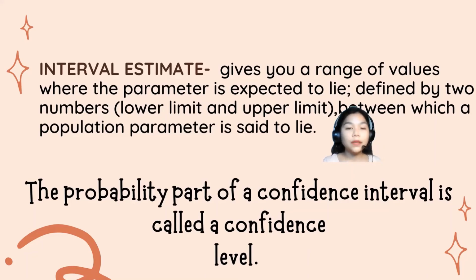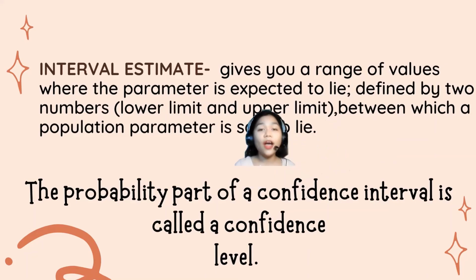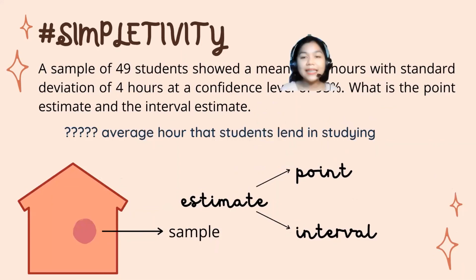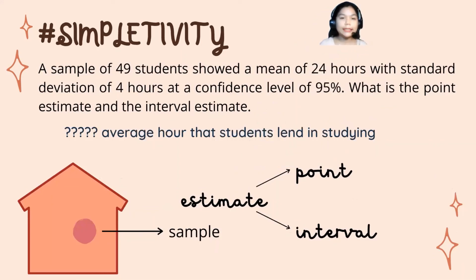So now, the probability part of a confidence interval is called a confidence level. Later po, atin din pong tutukuyin kung ano nga ba yung kaibahan or difference ng confidence interval at confidence level. Okay? So let's have a simple activity.